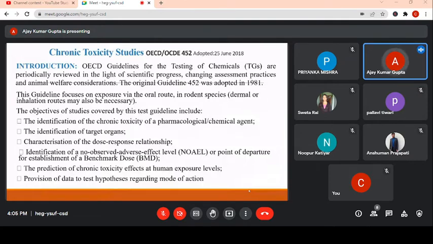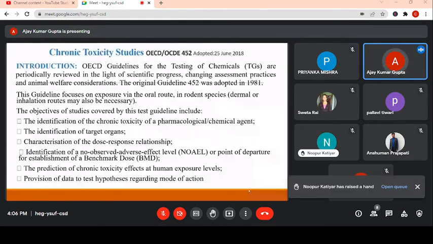The prediction of chronic toxicity effects at human exposure level is also concluded after the completion of such toxicity studies following the given guidelines. To test hypotheses regarding mode of action is also an important conclusion in this particular guideline.